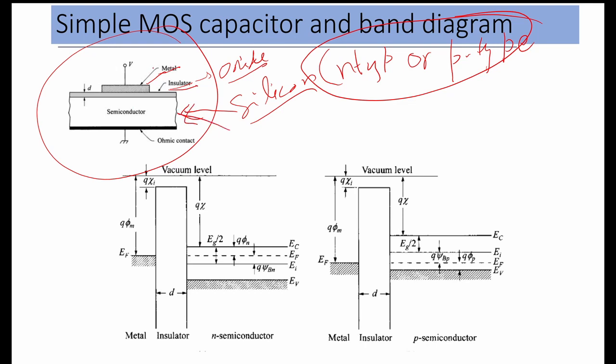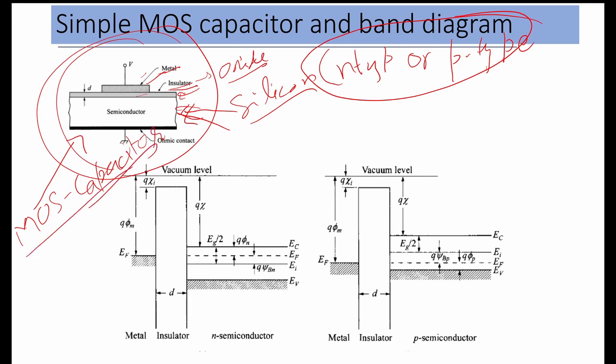This forms a capacitor. The metal oxide is the dielectric layer, and this is the semiconductor. This is the structure for the MOS capacitor.